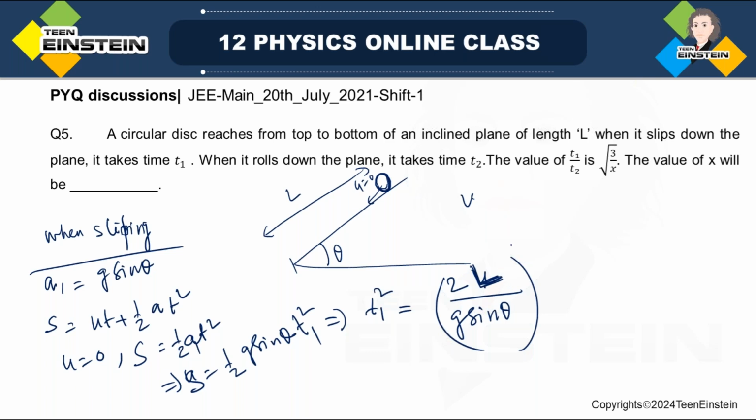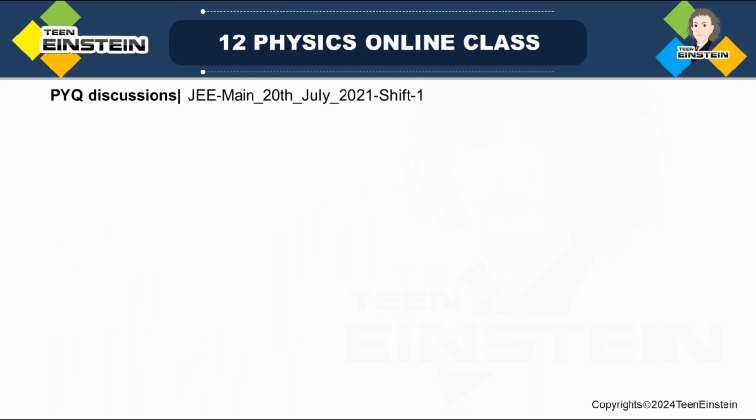Now, if we consider the rolling case, then I'll get t2. Consider rolling motion of the disk. In case of rolling of a disk, you know the formula for the acceleration, that is a2, let us say.